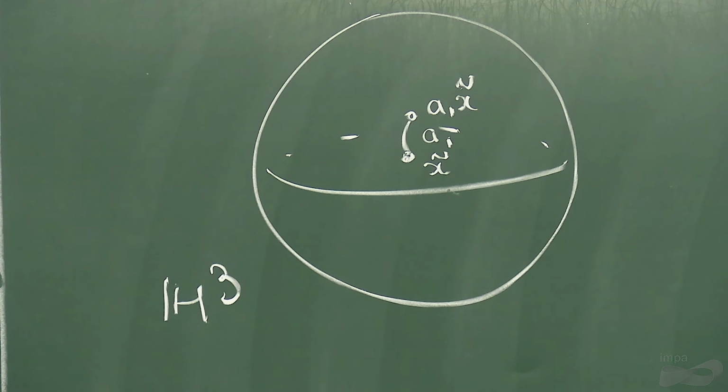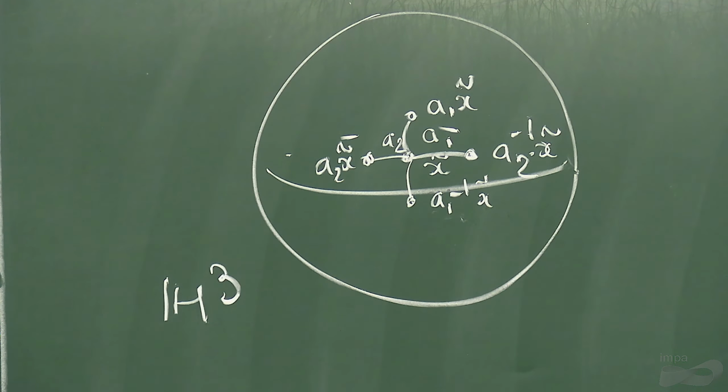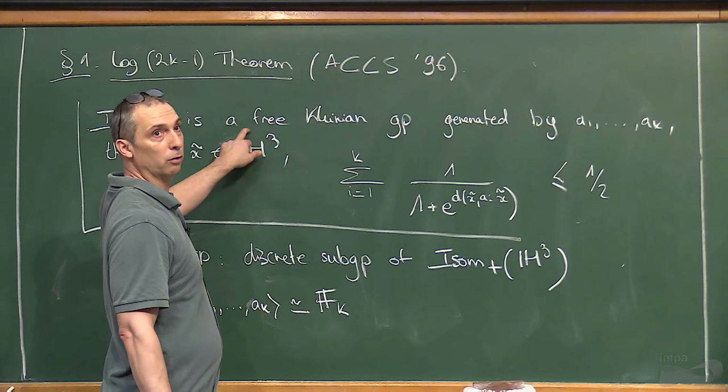For instance, here you have a2 x tilde, and in the other direction, you will have the inverse of a2 times x tilde, a1 minus 1 x tilde. And you create like this something which is like a tree. This is the translation of the fact that the group is free.